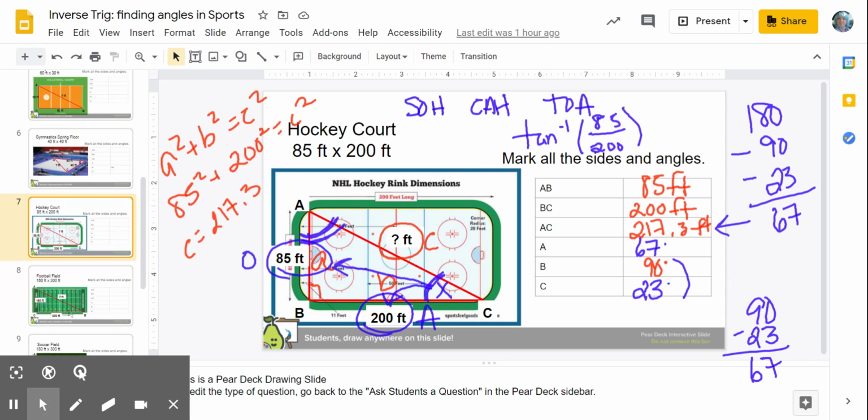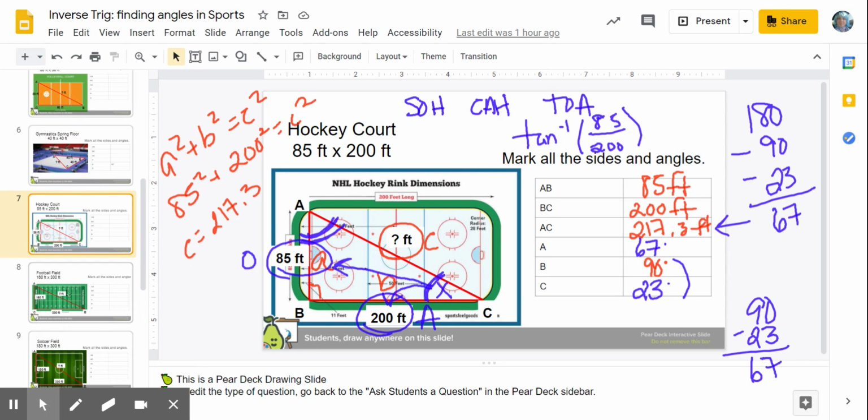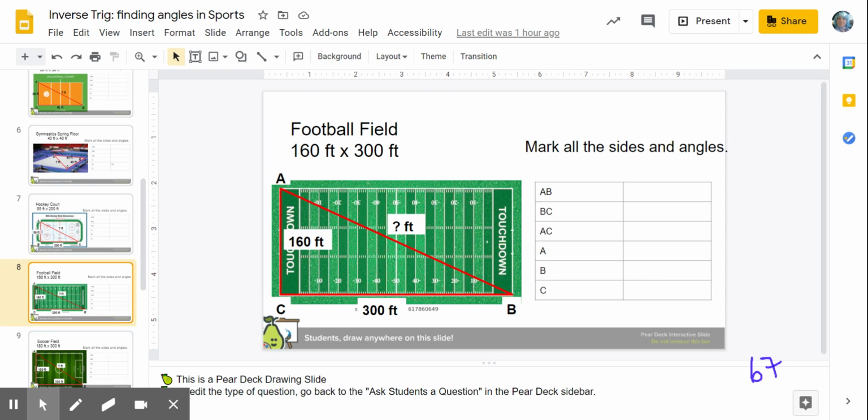So what's after a hockey rink? Football field. So AC is 160. 300.